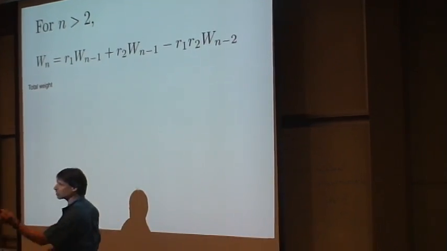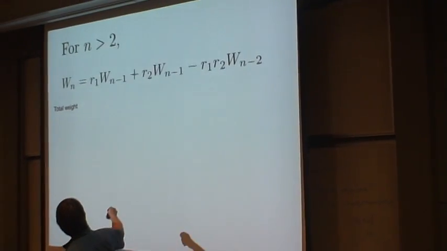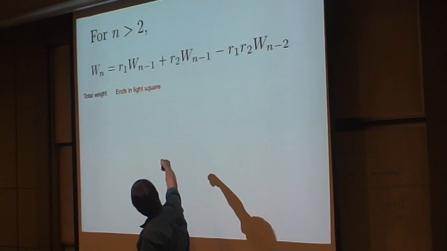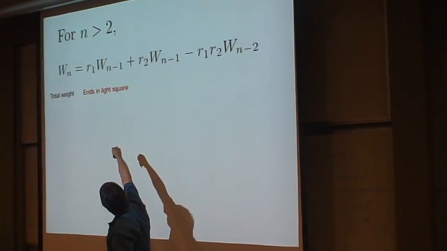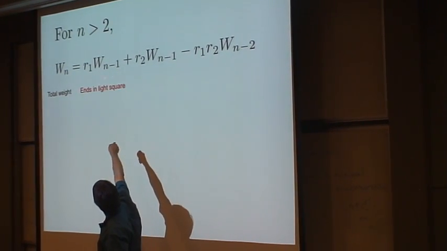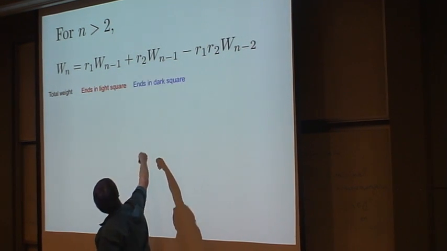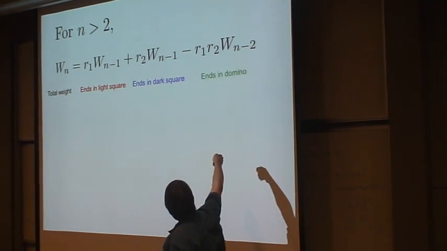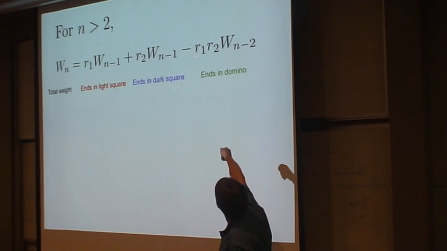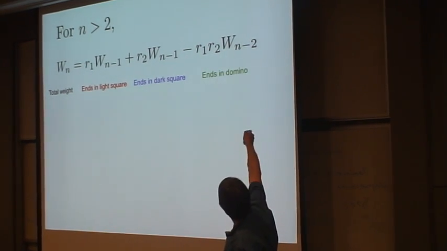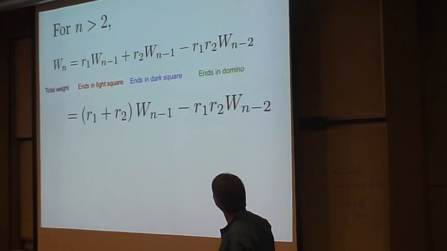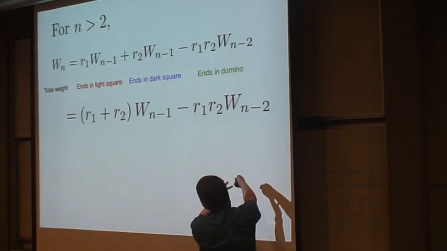Consider the last tile. The last tile could either be a light square, in which case that tile has weight r1 and it's preceded by a tiling of length n minus 1, or it ends with a dark square, or it ends with a domino. And that domino has a weight negative r1 r2, preceded by a tiling of length n minus 2. So the total weight is this.